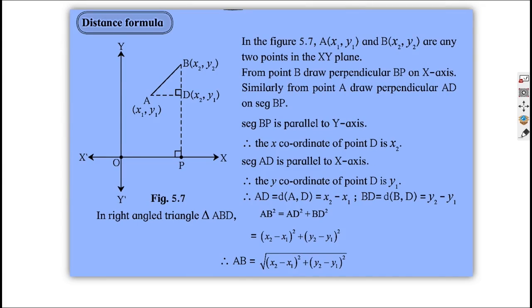It is about the distance formula. We derived the distance formula using the coordinates of the 2 points of which we wish to find the distance. Here in this case it was AB. The distance AB can be found if you know the coordinates of these 2 points A and B, and the coordinates of those points we know clearly because we studied them in this lesson and in the previous year also.